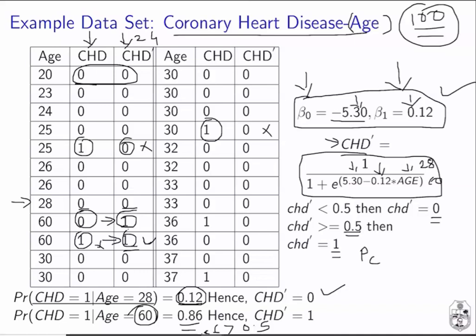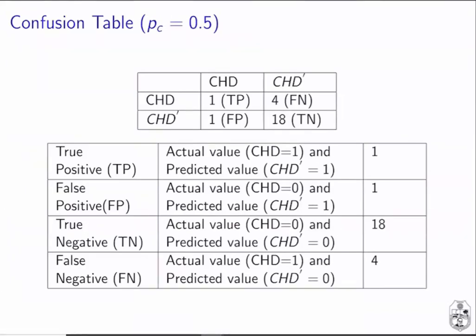And now these four instances we are going to give specific names. Suppose that a true positive means the actual value is 1, meaning the value observed in our data set is also 1, and the predicted value is also 1. So these types of entries are called true positives.